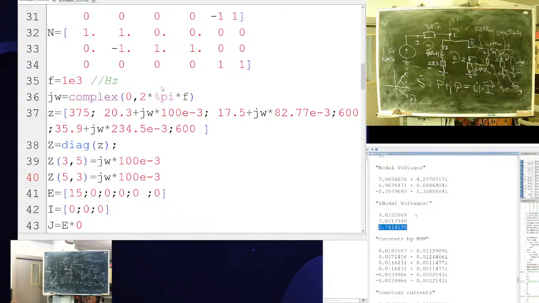Oh, milliamperes AC. Let's see what we will get. Okay, the RMS of this current is 4.14, if I believe it.